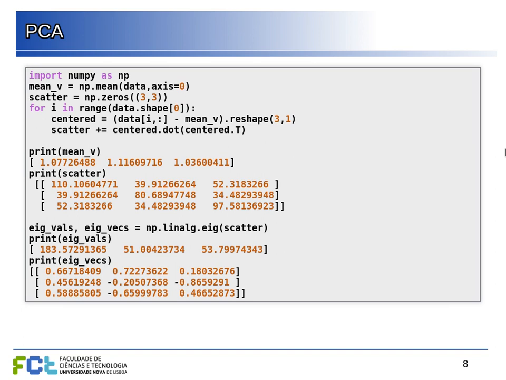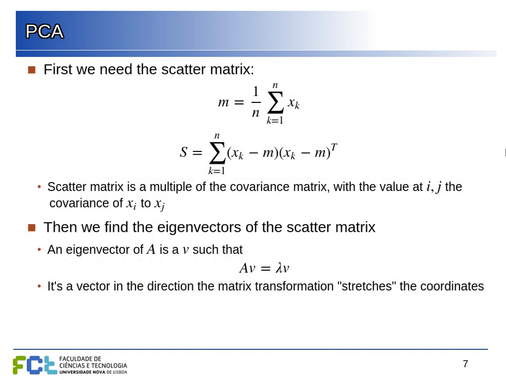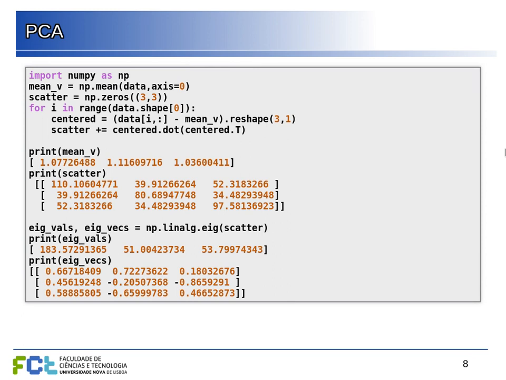So we are going to center each vector by subtracting the mean, and then we're going to reshape it as a column vector and do this dot product between the vector, which is a column, and the transpose, which will be a row. So basically, this operation here gives us the 3 by 3 products of all the combinations of features there.